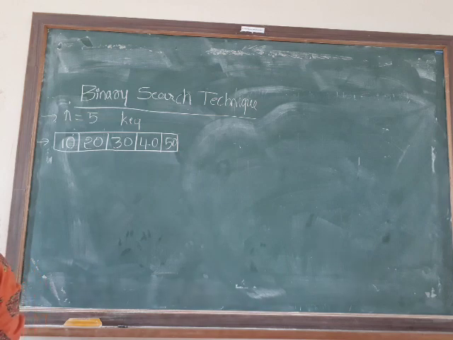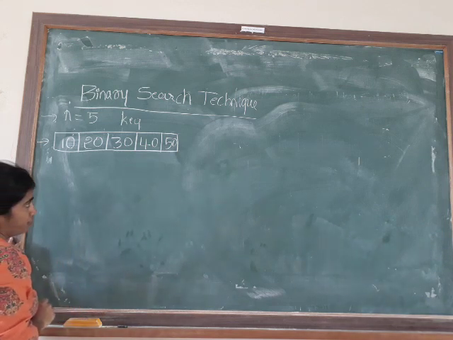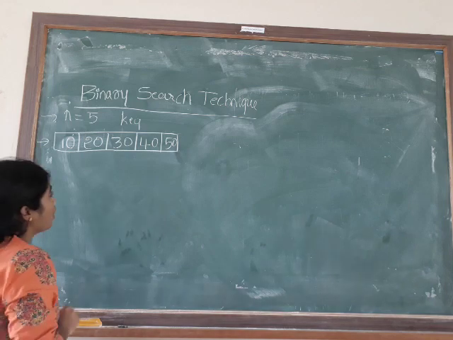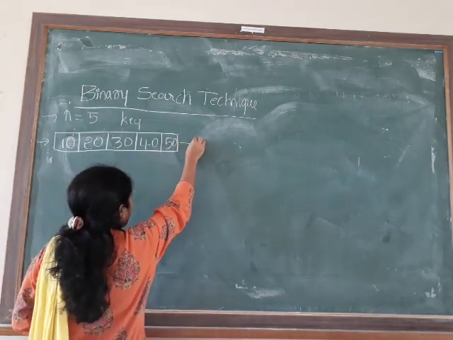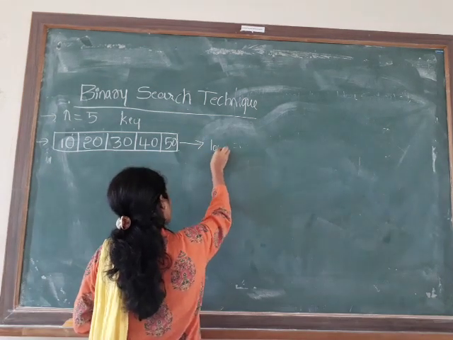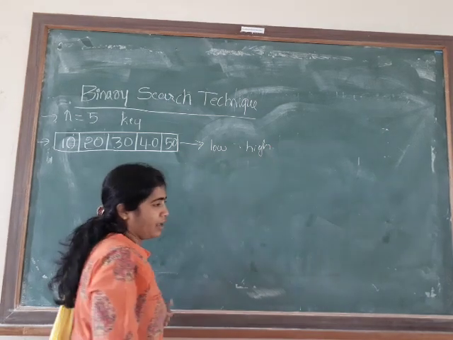Here in this implementation we are considering a particular key to be searched. So how to search? See, for this searching technique, I should have two parameters, that is low and high.